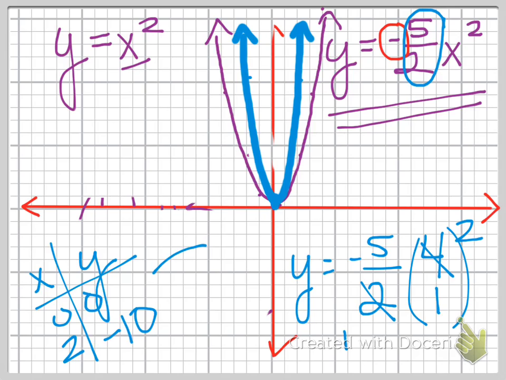I knew over here that if I had squared a negative 2, I still would have had a 4. And so my x, y would have been negative 2, still would have given me negative 10, which is what? No, negative 2. Oh my gosh. Oh no. What is happening?